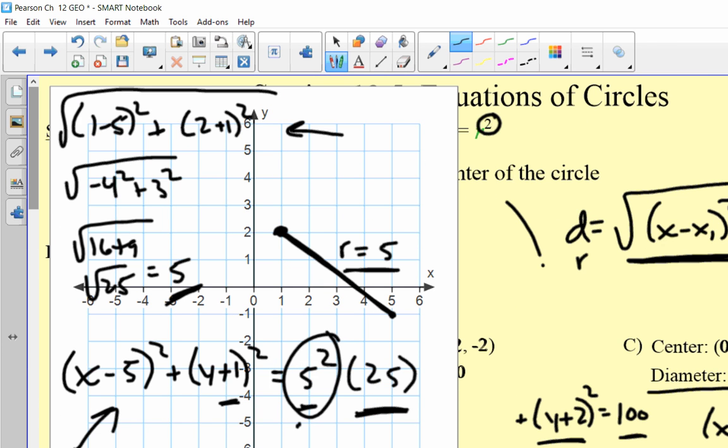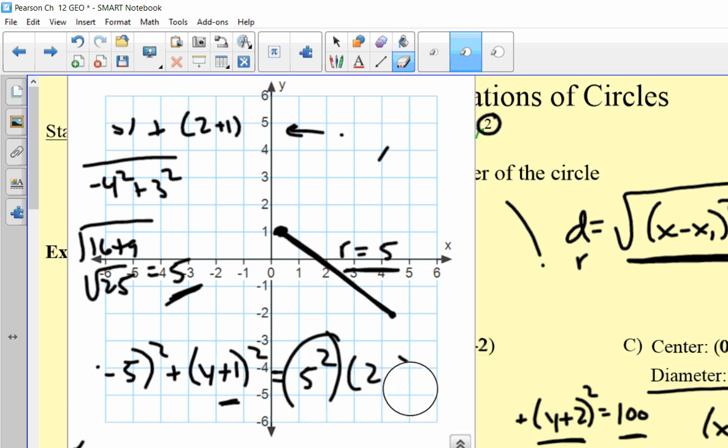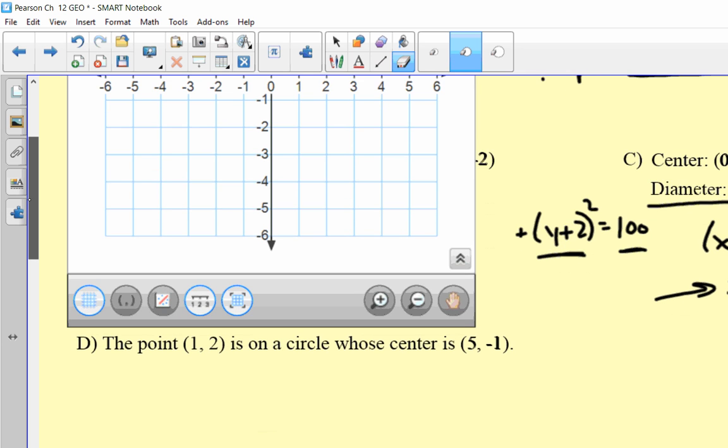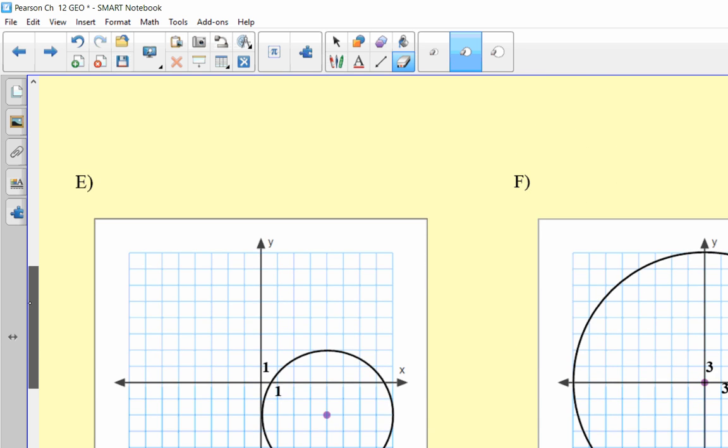Let's see if I can get rid of this guy. Okay, so here what they want you to do is to write the equation of the circle.